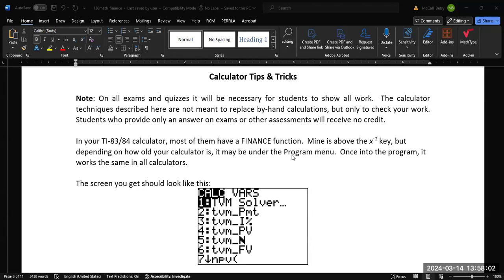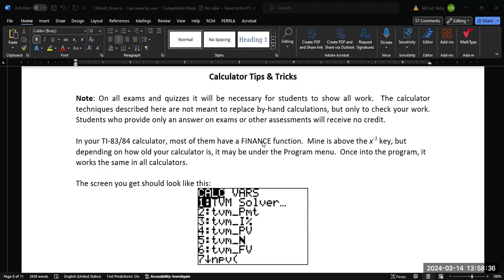In more recent calculators, there's an apps function. On my 84, it is next to the math button. So you might need to look under programs, which is again next to the apps key on my 84, if it's something you've downloaded or transferred from another calculator, or it's under the apps applications tool. There is a finance function there.